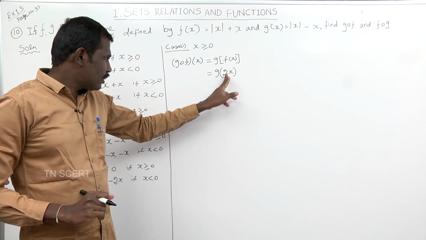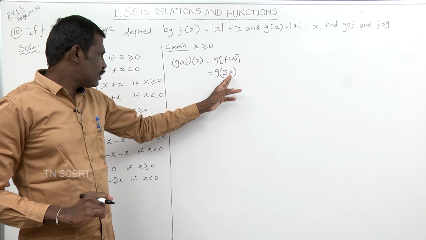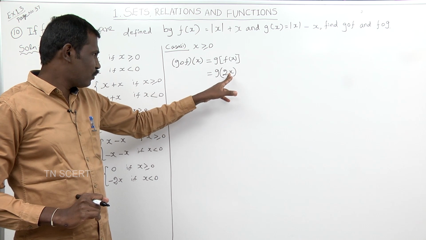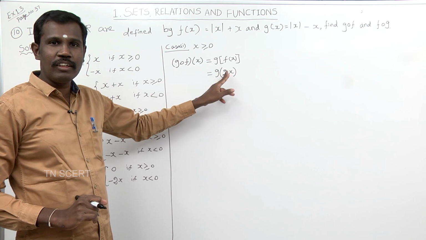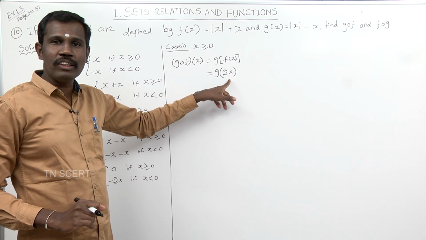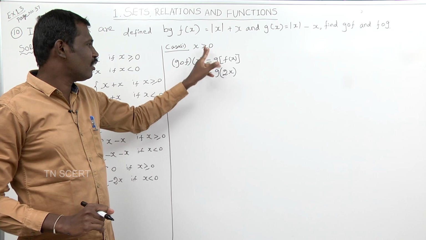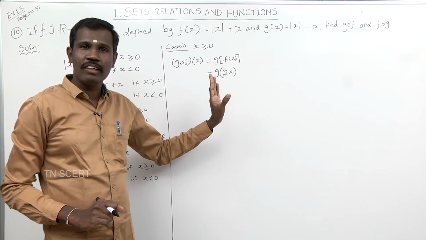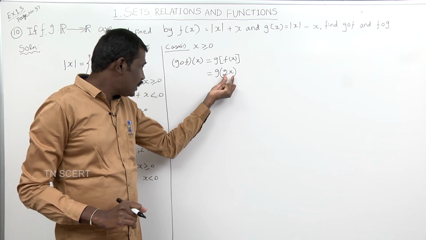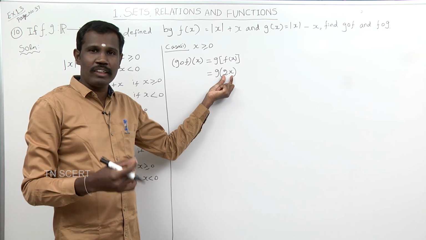So, 2 into x, that is 2x, is also a non-negative number. When x is a positive number, if you say x is 6, then 2x becomes 12, that is positive. If we take x equal to 0, then 2x is 0. So, anyhow, whenever x is greater than or equal to 0, this 2x is also greater than or equal to 0. So, 2x is a non-negative real number.